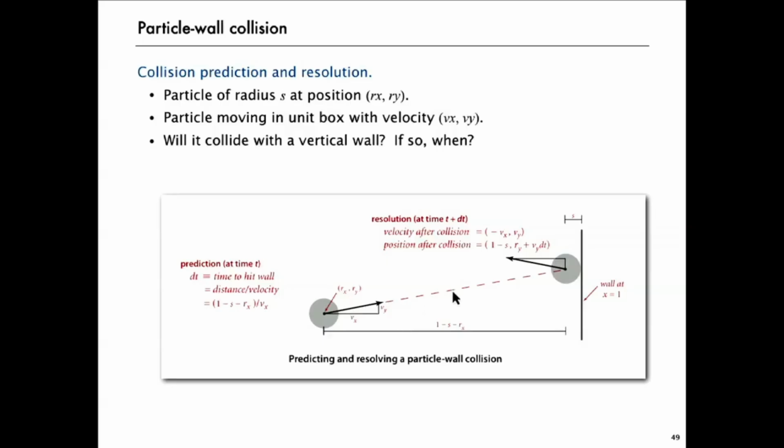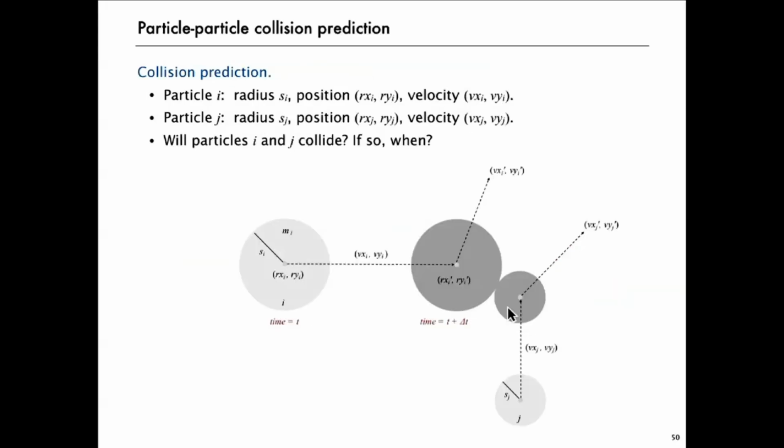And so that's the prediction. And then the resolution, when it hits the wall, is just going to change the velocity. So that's just an example of collision prediction. When's it going to hit the wall? And resolution, what do you do when it gets to the wall?